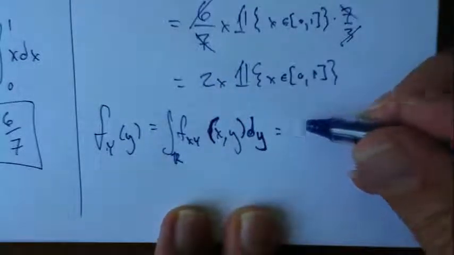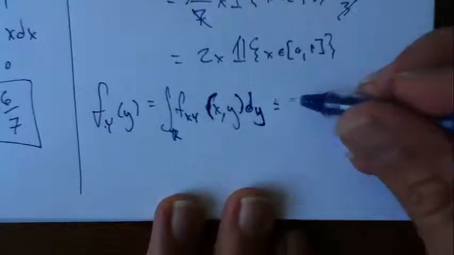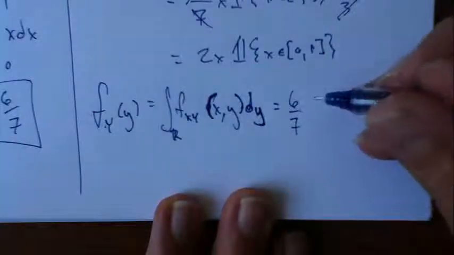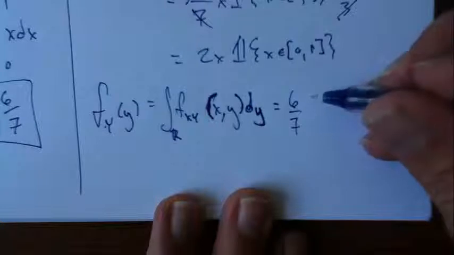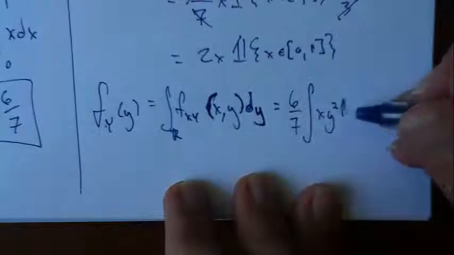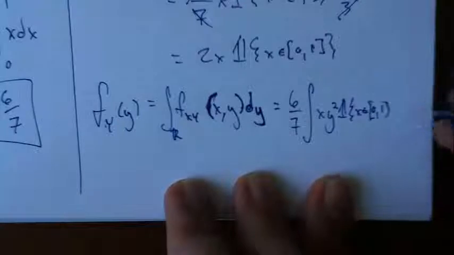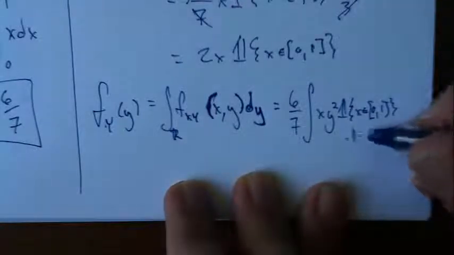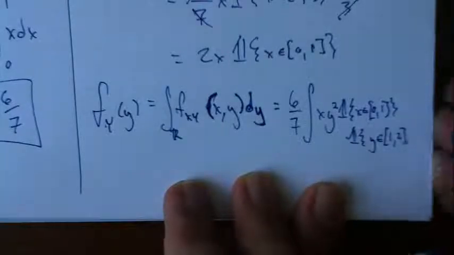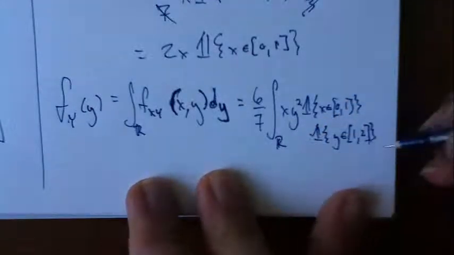This is going to be 6/7 times the integral of x y squared times the indicator of x between 0 and 1 times the indicator of y between 1 and 2, dx.